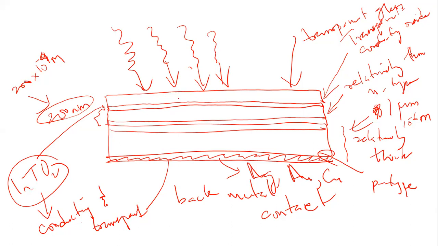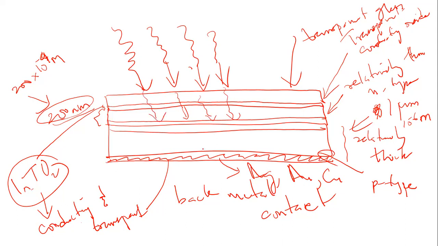Now, as the light beam passes through this, it will arrive at a very thin 200 nanometer N-type. So N-type, we call it the window layer, because of the thinness of this N-type layer, most of the photons falling on the N-type will pass through it.